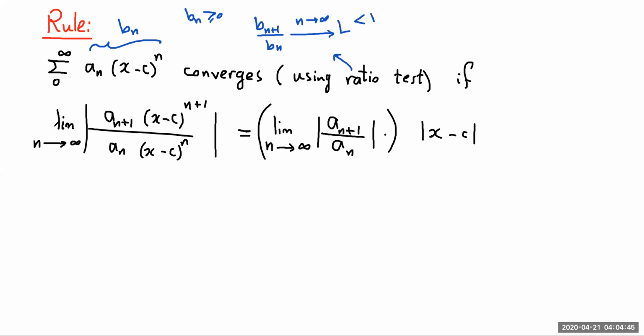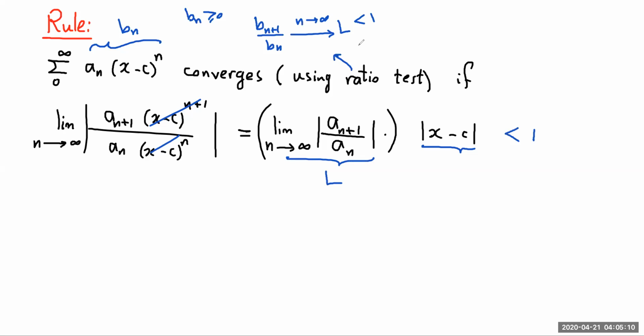So let's take the limit of the general term for n + 1 over the general term for n. Now I can cancel this term with this term, and after canceling, I have the absolute value of x - c. Let's suppose this limit is L. The condition was that this limit is less than 1.